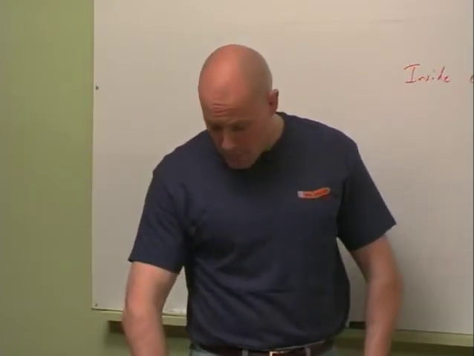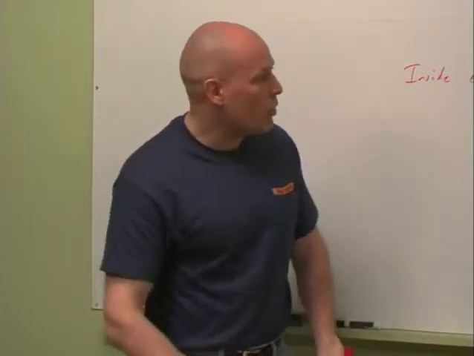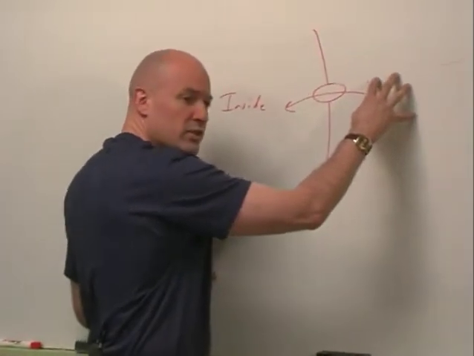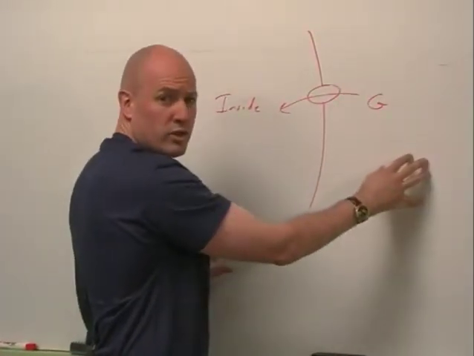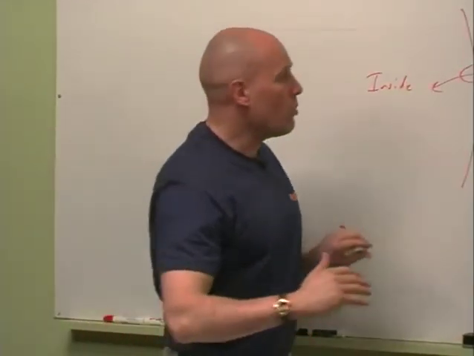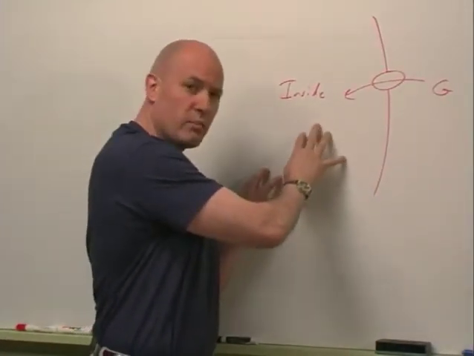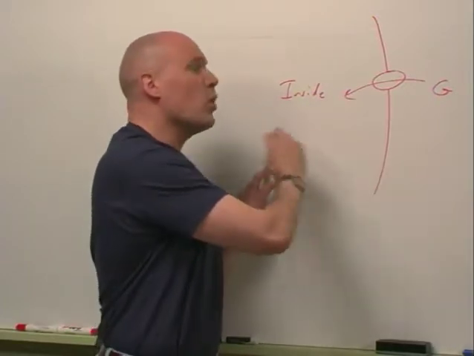Question 158. All of the following hormones are likely to be elevated in a patient suffering from type 1 diabetes except. Now, remember what happens with diabetes is we have a lot of glucose in the blood. So the hormones that are going to be elevated are the hormones that are putting glucose in the blood. The cells are starving. The cells are sending messages to the glands saying, we need more glucose.